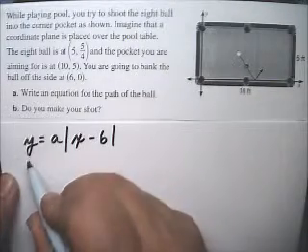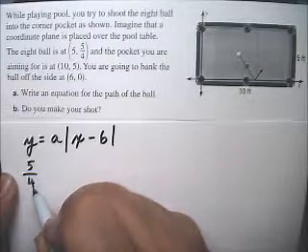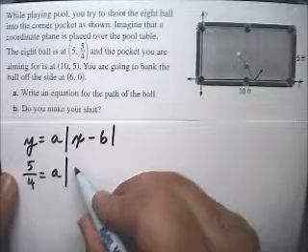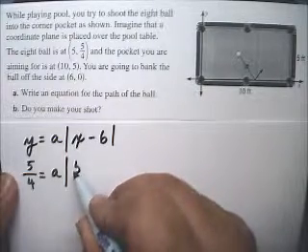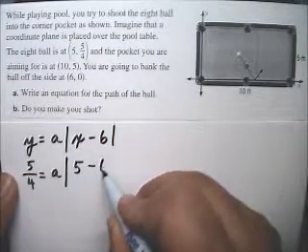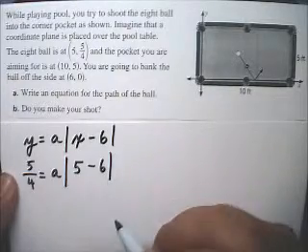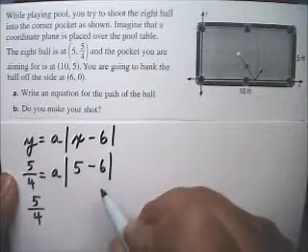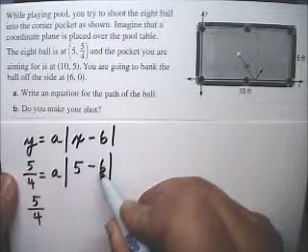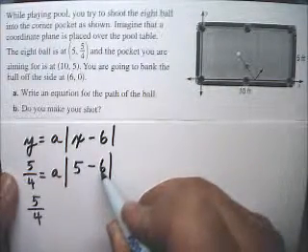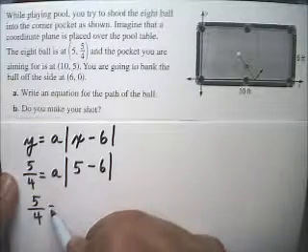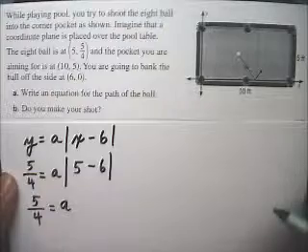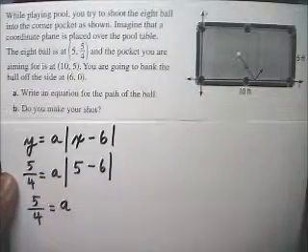Y is 5/4 equals a times the absolute value of 5 minus 6. That's negative 1. Now the absolute value of negative 1 is 1. So it's 1 times a, which is a. So we end up with a is equal to 5/4.